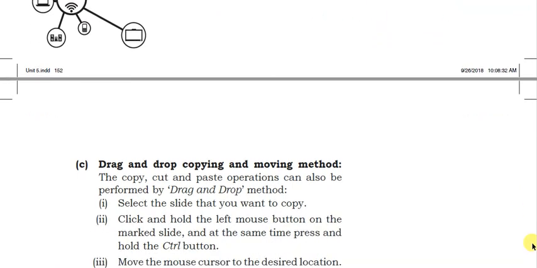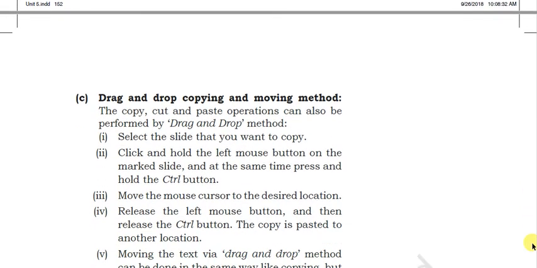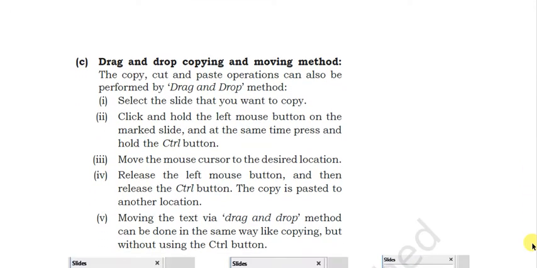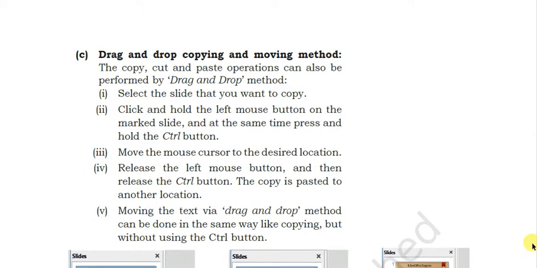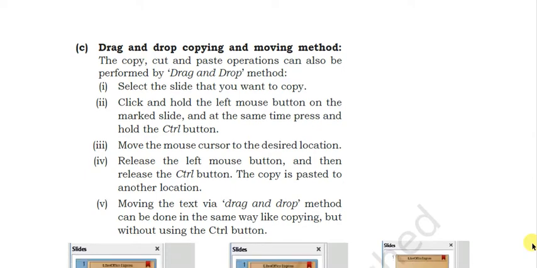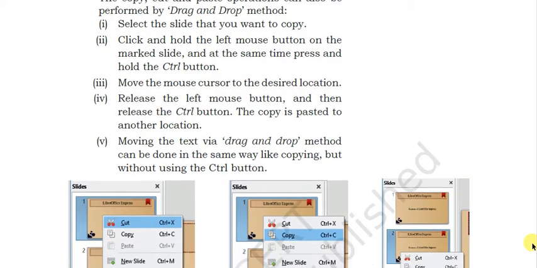You can also drag and drop. Okay, if you want to change the position of a slide, you can click on it with the mouse, then drag it to the required position and leave the mouse, so it will be changed to that particular position. So you can also use the Control key to drag it.